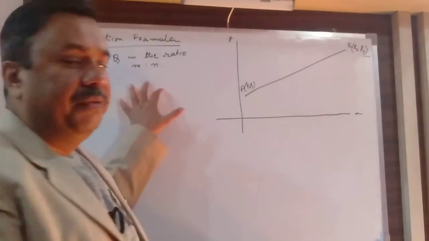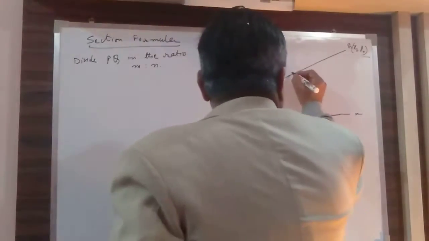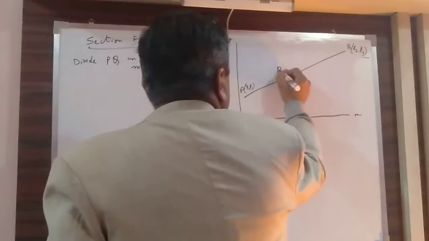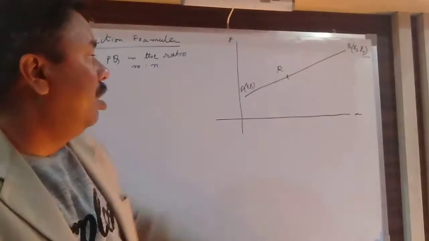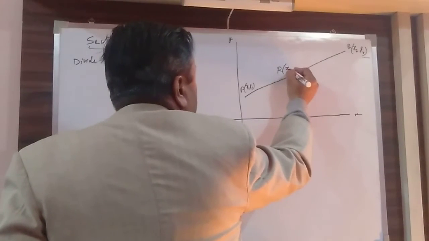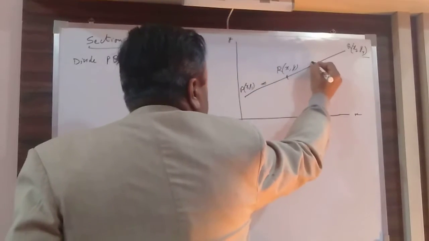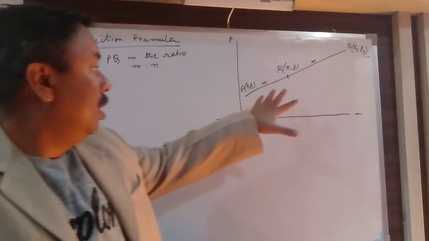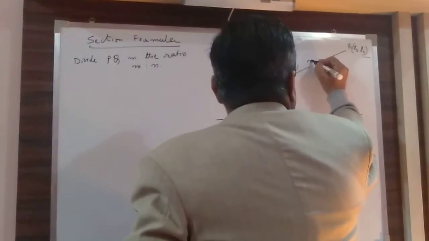That means I have to find a third point R on the same line segment, with coordinates, let it be x, y, and this should divide it in the ratio m:n. Got it? This point is dividing PQ in the ratio m:n.